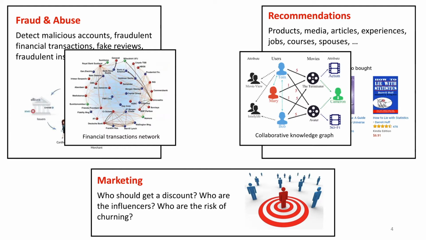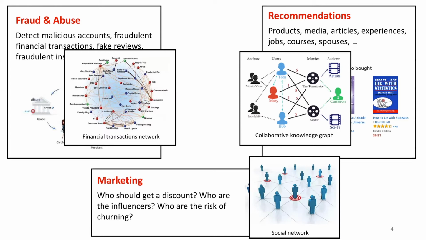And in the context of marketing, quite often what I have access to is some form of a social network. What's even more interesting is that I can use these graphs to solve the underlying problem by using machine learning approaches based on graph learning. I can use those approaches to figure out which entities in my network correspond to fraudsters. I can identify, for instance, which movie to recommend to a person, or identify which are the most influential people in a particular social network, so that I can market to them directly.